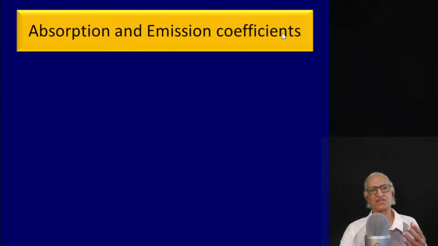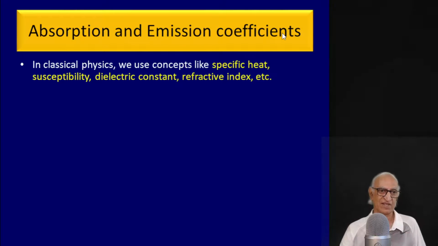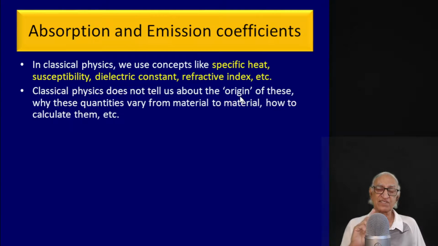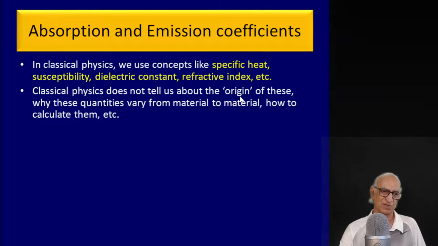Now I have introduced the notion of absorption coefficient and emission coefficient. Where do they come from? Well, in classical physics, we use concepts like specific heat, electric and magnetic susceptibilities, dielectric constant, refractive index, etc. Classical physics does not tell you anything about the origin of these properties, nor why the refractive index of one glass is different from that of another, or how to calculate the dielectric constant, the refractive index or the magnetic susceptibility.